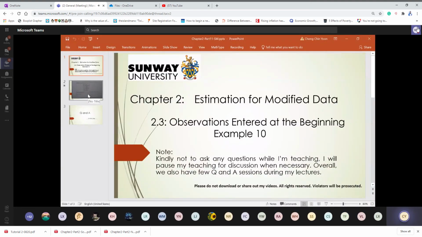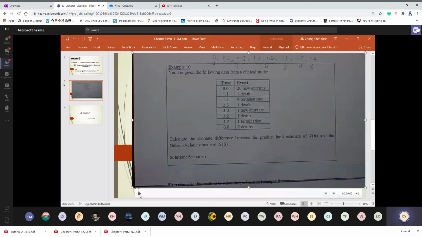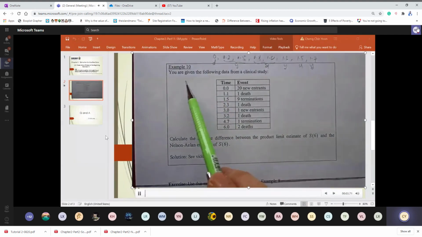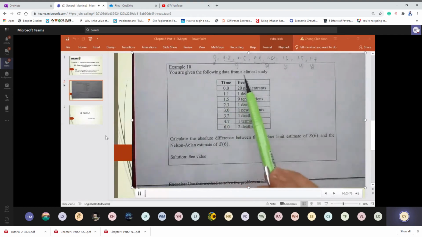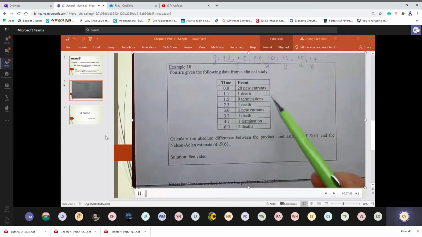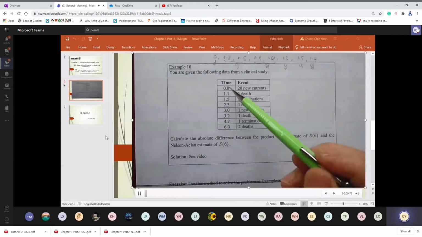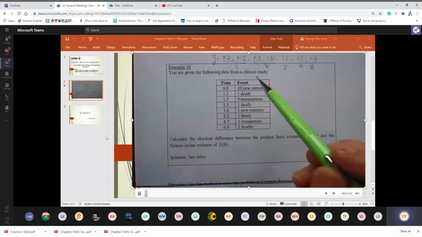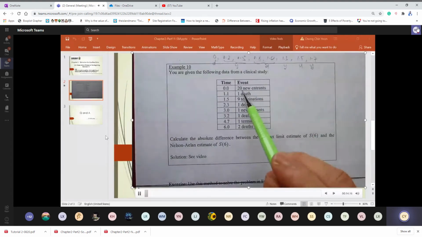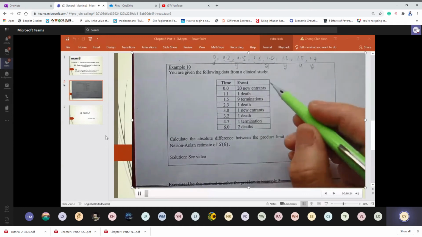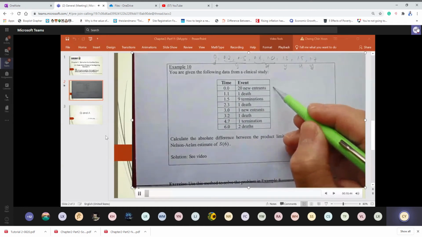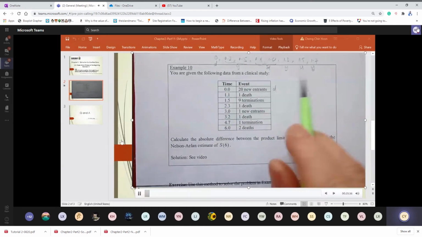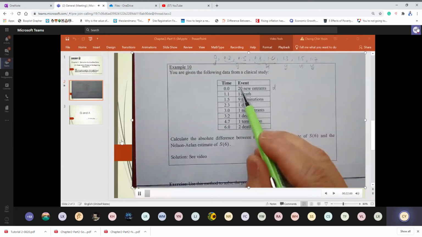Okay, so this is the last one for today's lecture. Example 10. You are given the following data from a clinical study as follows. Given the data in time, based on the event, we have 20 new entrants, which is referred to the truncation value. So we have 20.